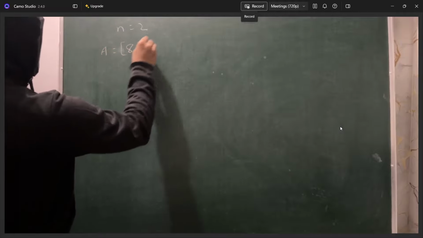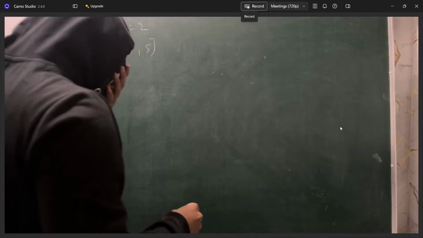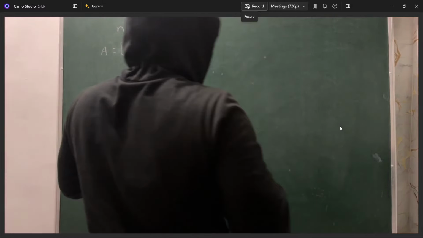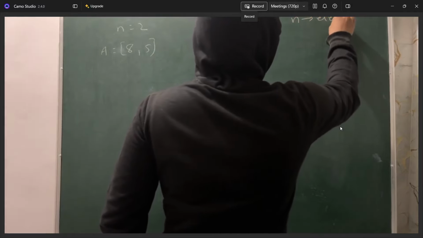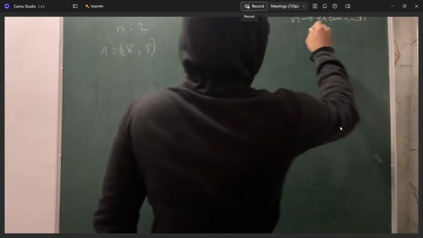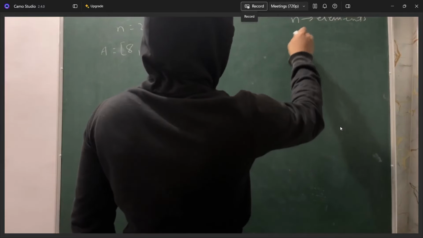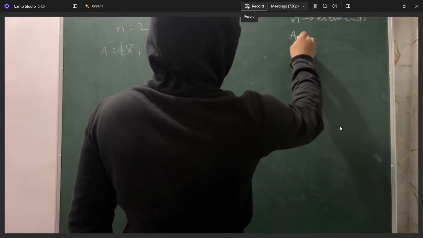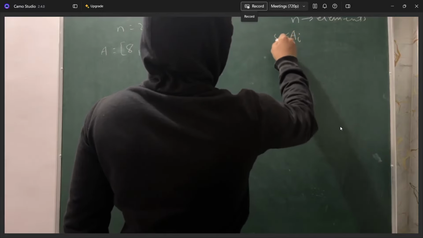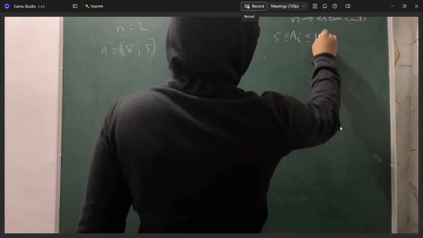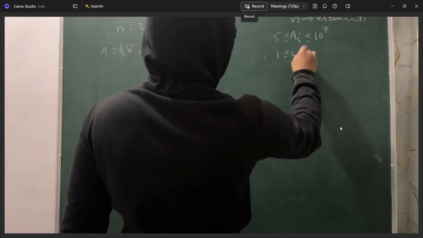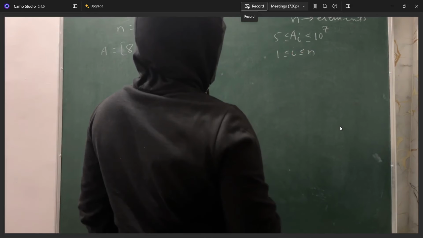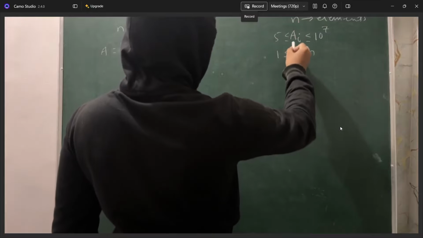Let me call it a. So in the question they will give n elements, and all the array elements are greater than or equal to 5, less than or equal to 10^7, and your i will range from 1 to n. It is one-based indexing.